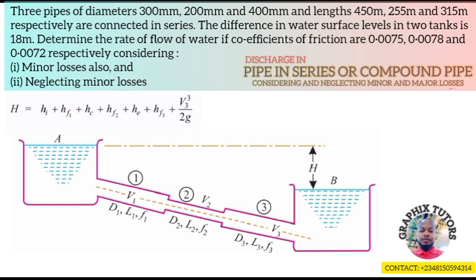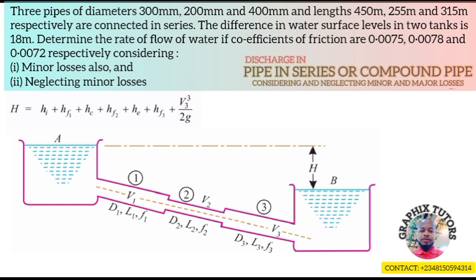We have the head loss due to enlargement, and finally we have the head loss due to friction in pipe 3, right? So this is a general formula that we'll focus on as we move along.